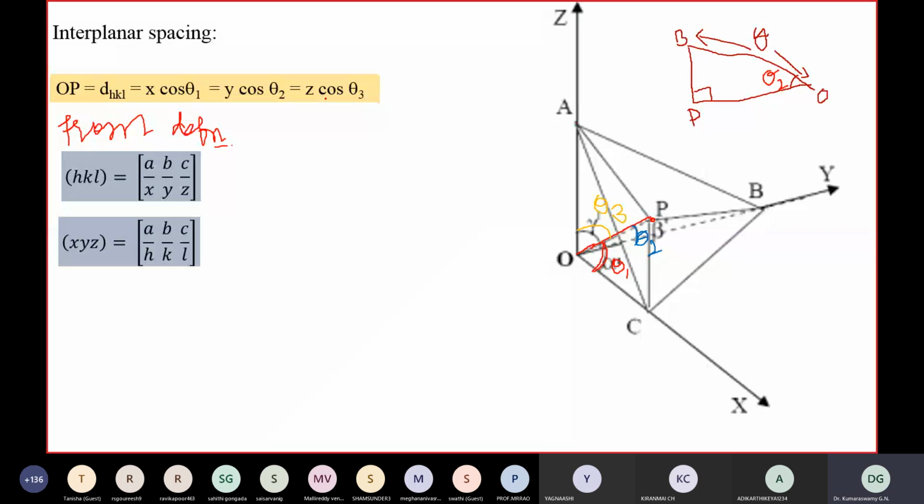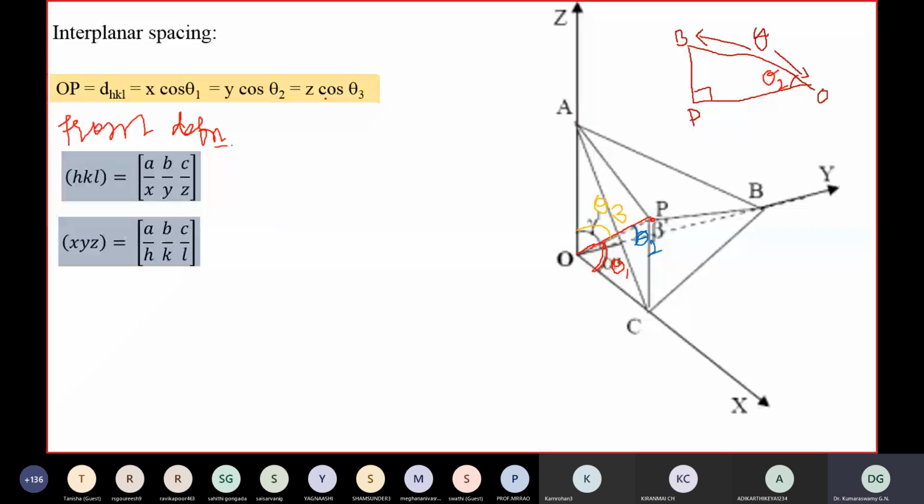Sir, here A, B, C denotes the basis vectors, no, sir? Yes, that is from the definition of the Miller indices. When we did the Miller indices, we discussed HKL is equal to A by X, B by Y, C by Z. Then we just interchange HKL with XYZ.